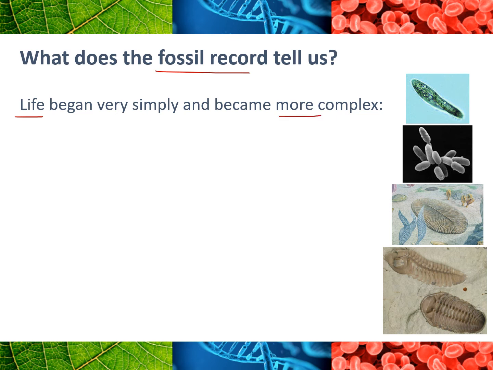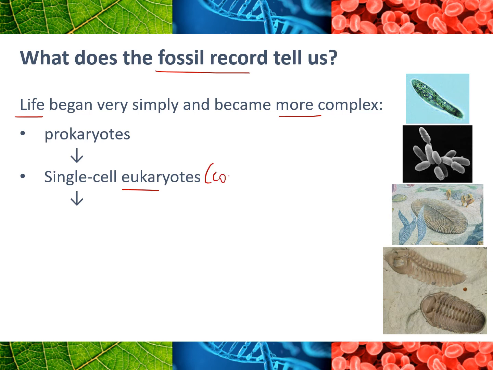Things get more complex over time. So life began with prokaryotes. Okay, so basically bacteria were the first life. Then single-celled eukaryotes evolved from that. So remembering that they are more complex cells with organelles. So originally it was just those single-celled eukaryotes like amoebas.